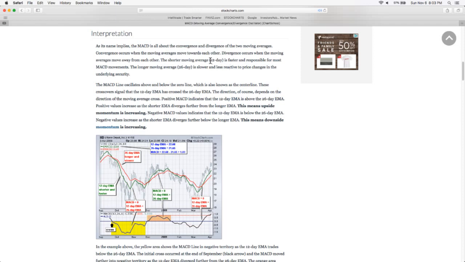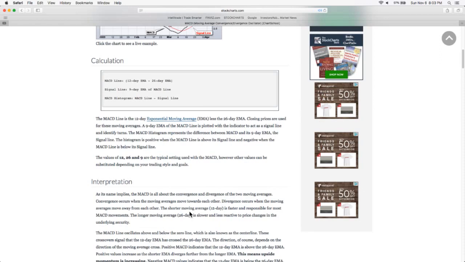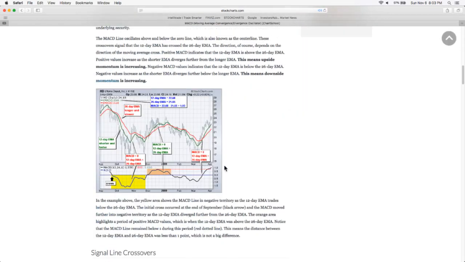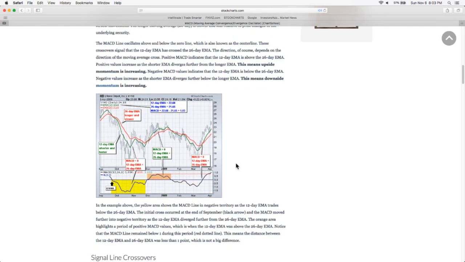So basically, by using the 12-day simple moving average and the 26-day moving average, by simply looking at this MACD line here, you can gauge all the calculations that indicator is telling you. I can zoom in here. The MACD has this zero line right here, okay?